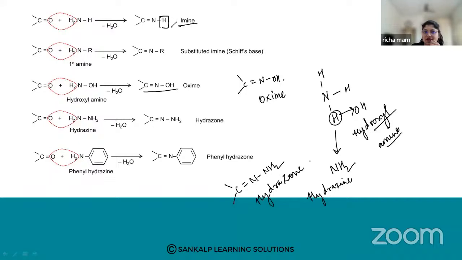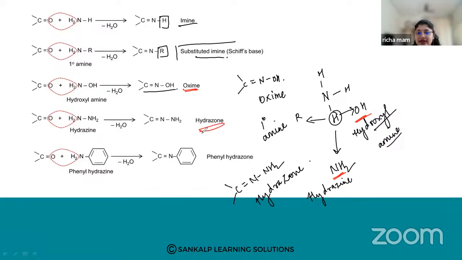When one of the hydrogens is replaced by R, you get a primary amine, and the resulting product is a substituted imine, which is called a Schiff base. Then when one of the hydrogens is replaced by an OH group, it is hydroxylamine, and the product obtained is oxime. When one of the hydrogens is replaced by an NH2 group, it is hydrazine, and the product obtained is hydrazone.